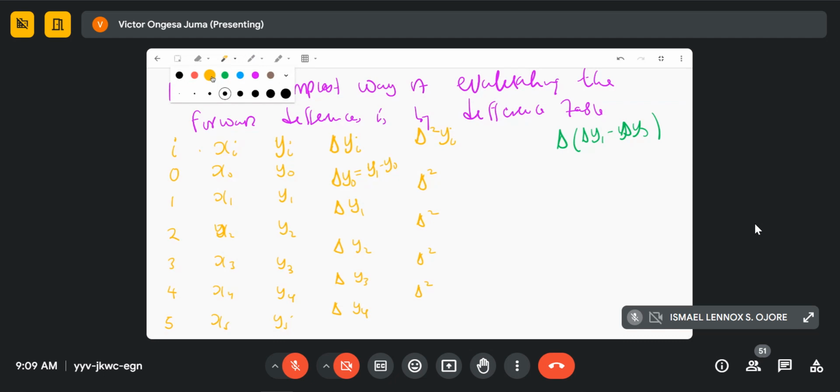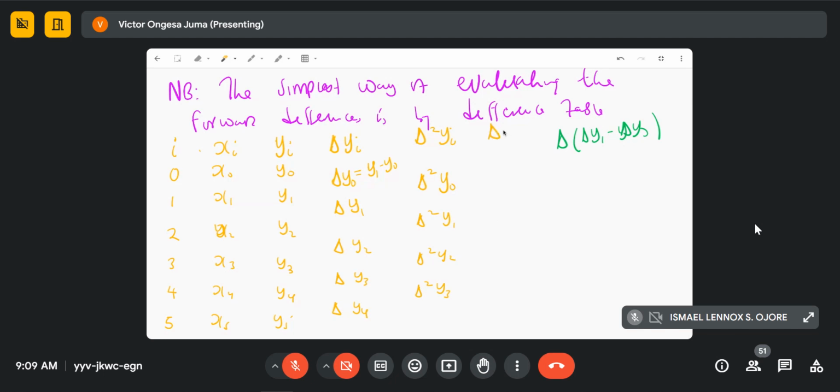In short, I'm asking which value should I fill here? Y0. And this will be y1, this will be y2, this will be y3. So if you take the forward difference of these, basically this table follows this line. That's why you call it the diagonal table.